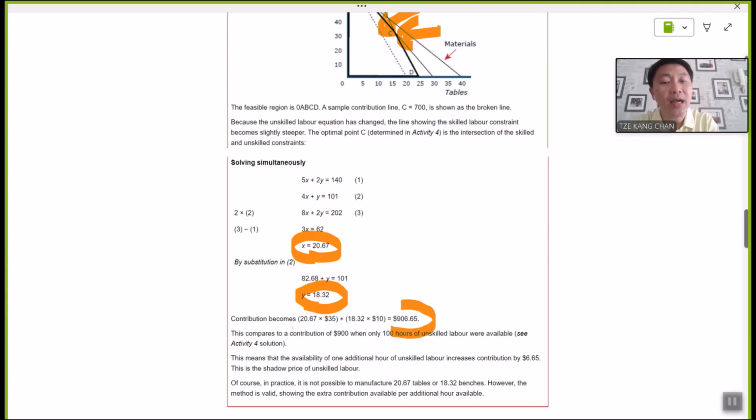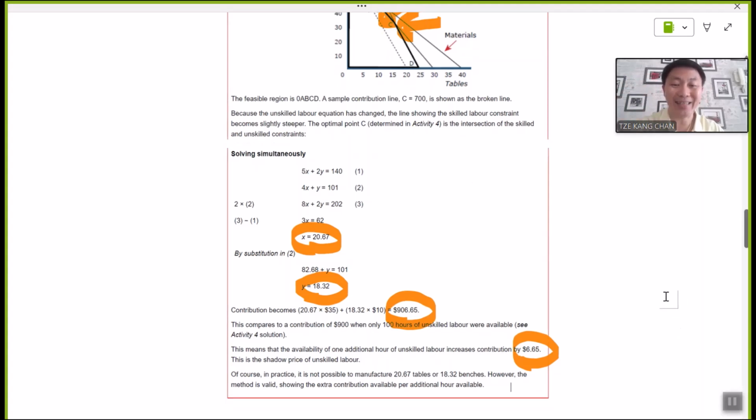Once again, applying to the objective function allows the derivation of the revised contribution, which is expected to be greater than the original one. The incremental contribution of $6.65 therefore represents the value of shadow price for unskilled labour.